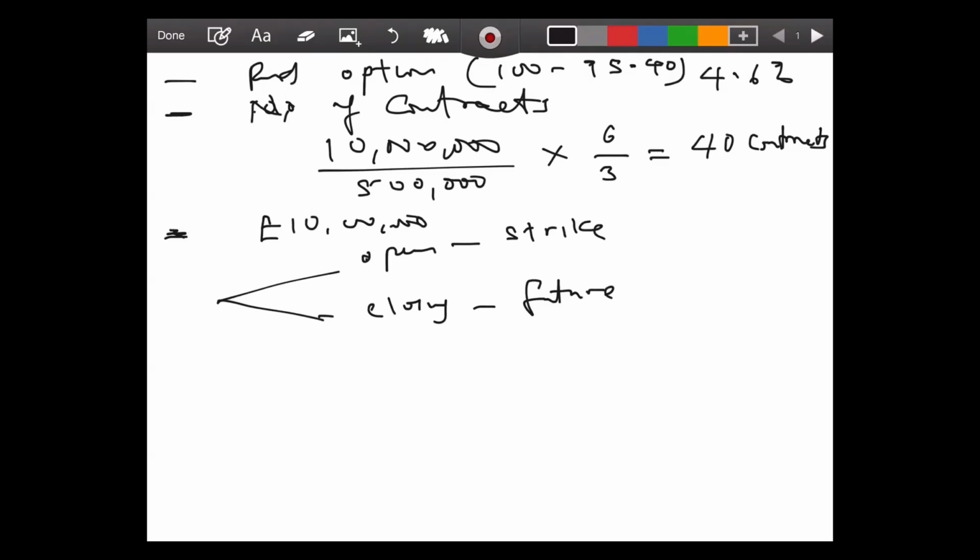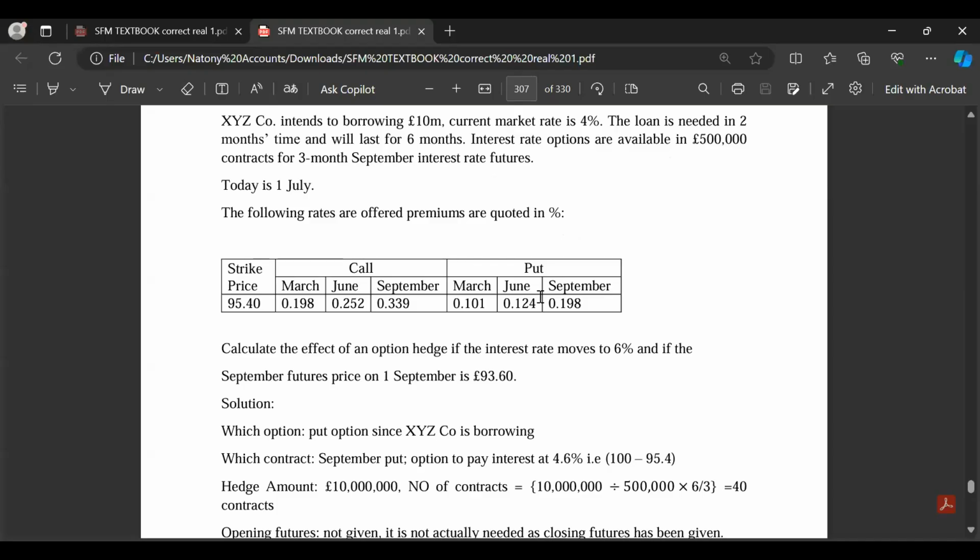But in the example, let's go back to the question. This is the question here. The company intends to borrow 10 million, which is this amount.